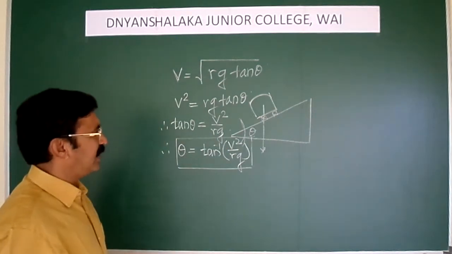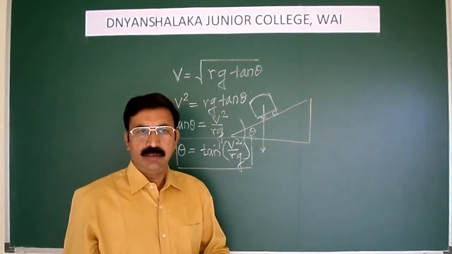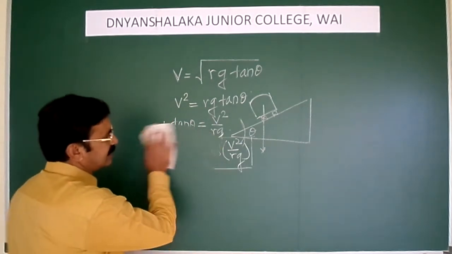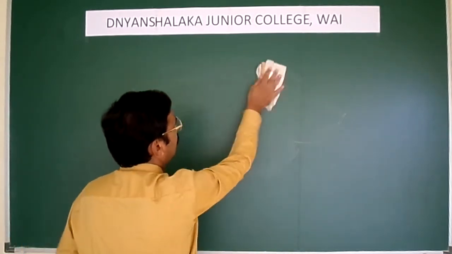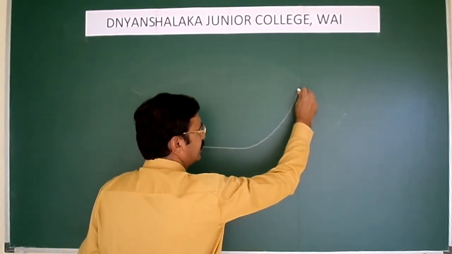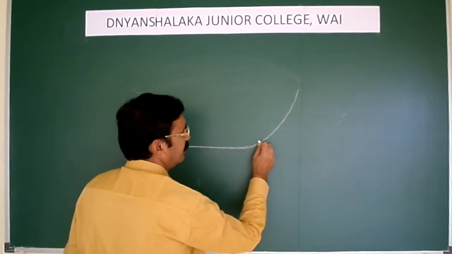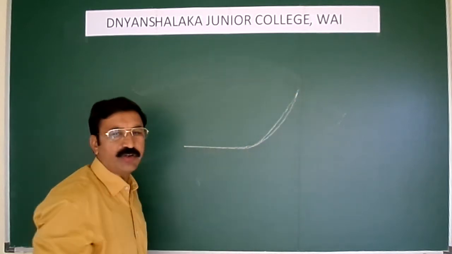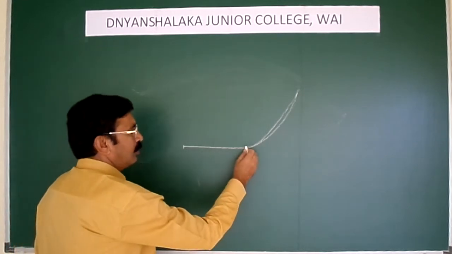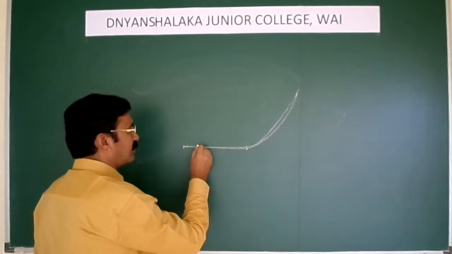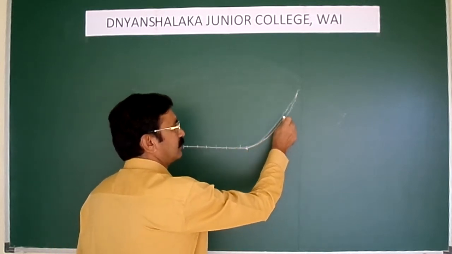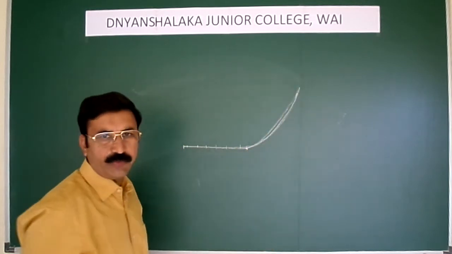So we have seen this particular example in case of cycle racing in the stadium. We have seen the construction of a velodrome. For a horizontal track, the edge thereafter is banked in this way.